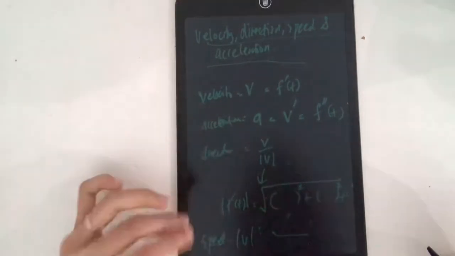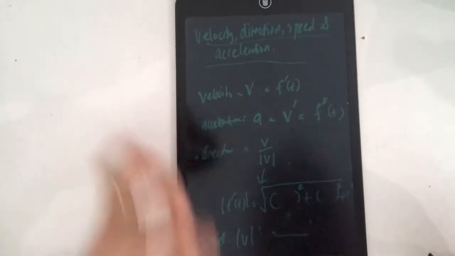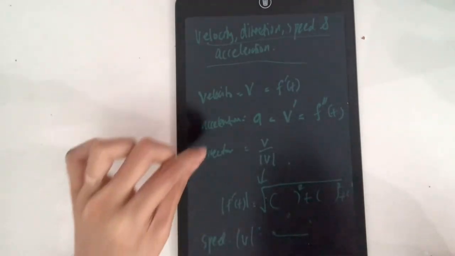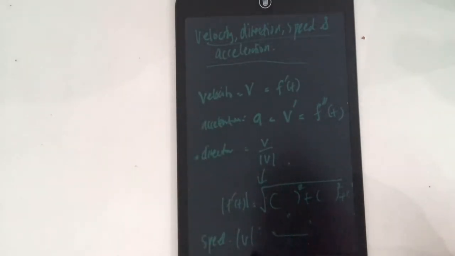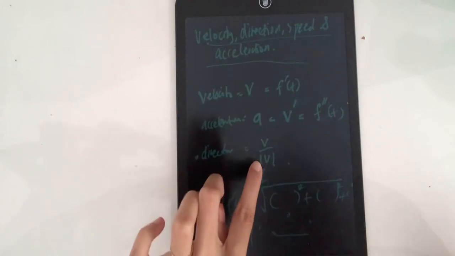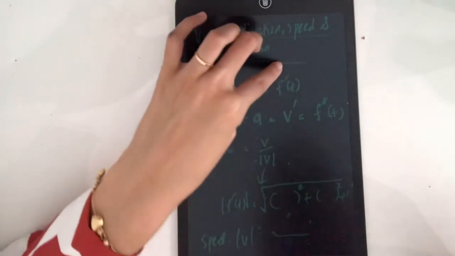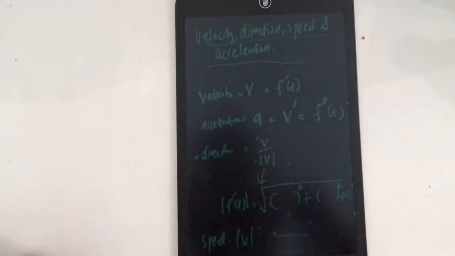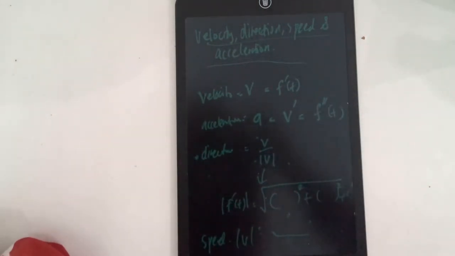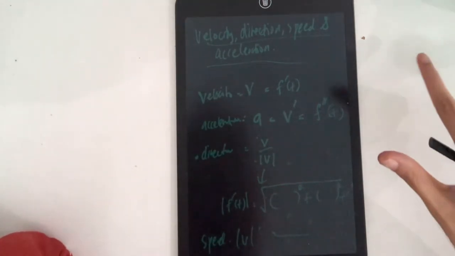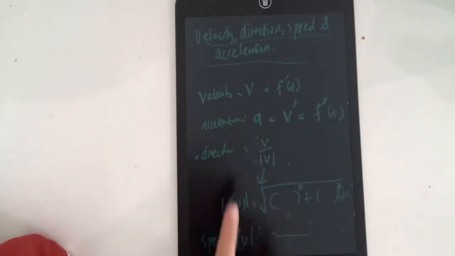To get direction, actually you find speed first. After you find speed, just substitute the value of your v, which you already found as velocity earlier. So this formula is important for this subtopic. First one is velocity, second one is acceleration, third one is speed, and the last one is direction.